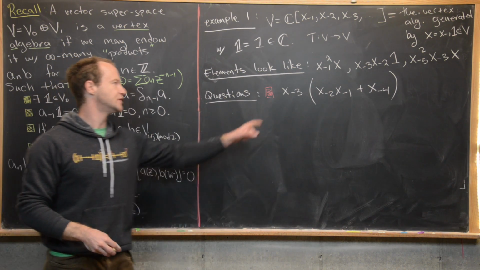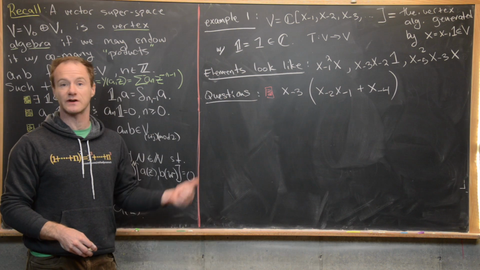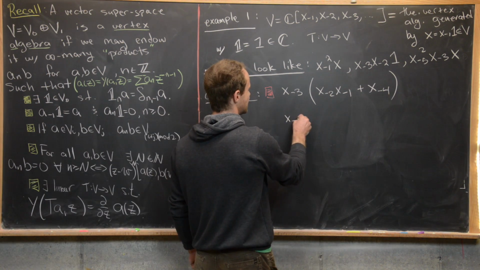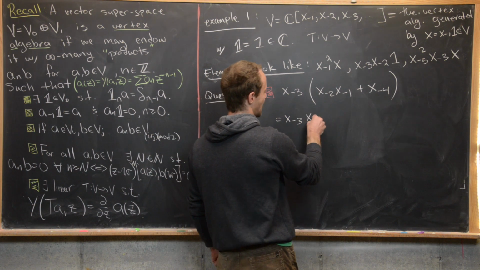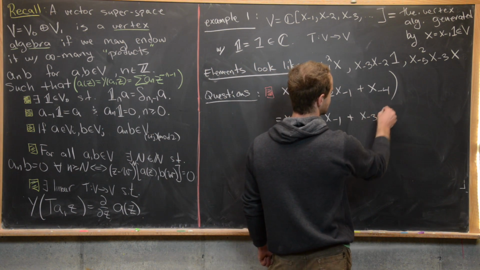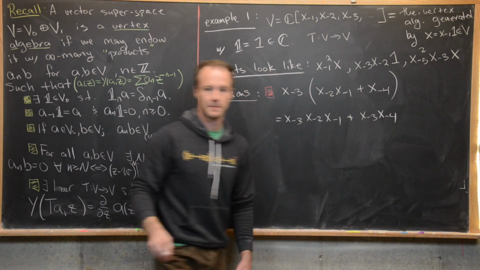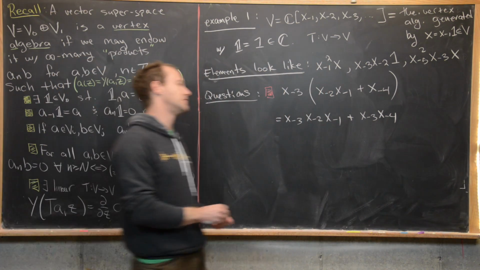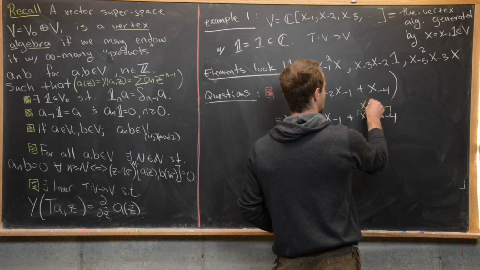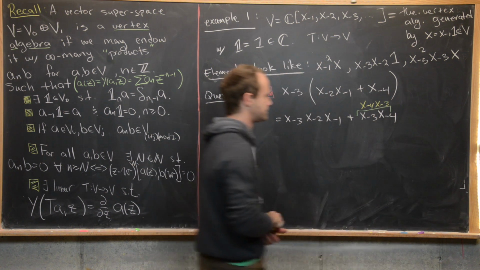Well, all you would do is just stick x sub minus 3 on the tail end of this. So in other words, we would write this as equal to x sub minus 3, x sub minus 2, x sub minus 1, plus x sub minus 3, x sub minus 4. But then, using the commutativity, we can rewrite this as x sub minus 4, x sub minus 3.